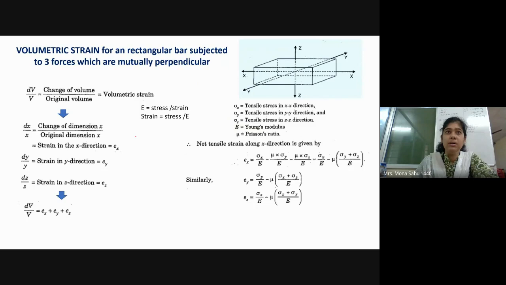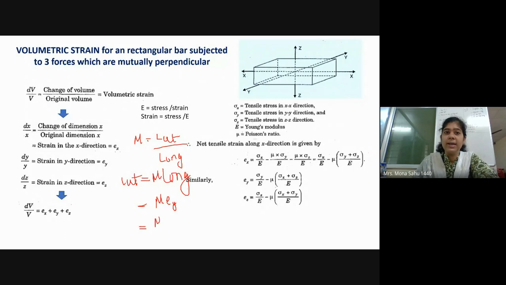We have learned mu is equal to lateral by longitudinal. Got it? So what is lateral strain? Mu into longitudinal. What is longitudinal? It is nothing but strain in y direction, so mu into strain in y.